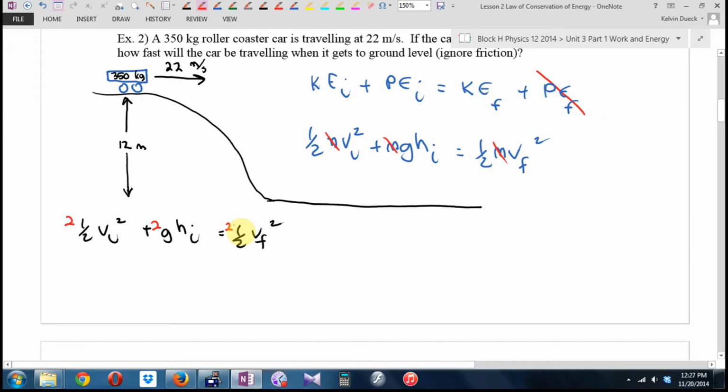But why is that so nice? What's 2 times 1/2? That vanishes, and that vanishes. And what I really end up with is VI squared plus 2GH initial equals VF squared.